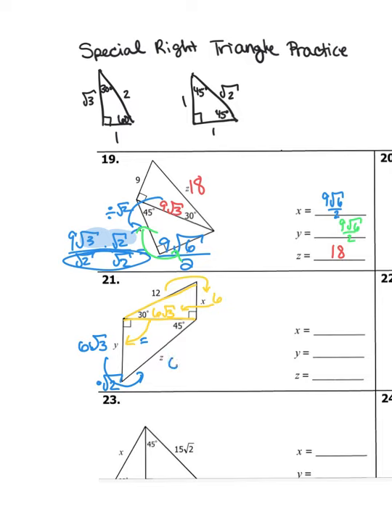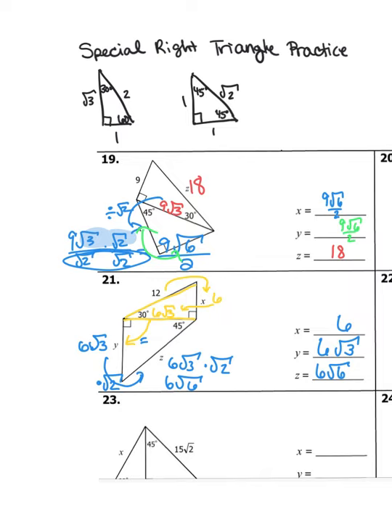So this is 6 square roots of 3 times the square root of 2. Just like before, I'm going to multiply what's underneath the radicals, so it's 6 square roots of 6. So x is 6, y is 6 square roots of 3, and z is 6 square roots of 6.